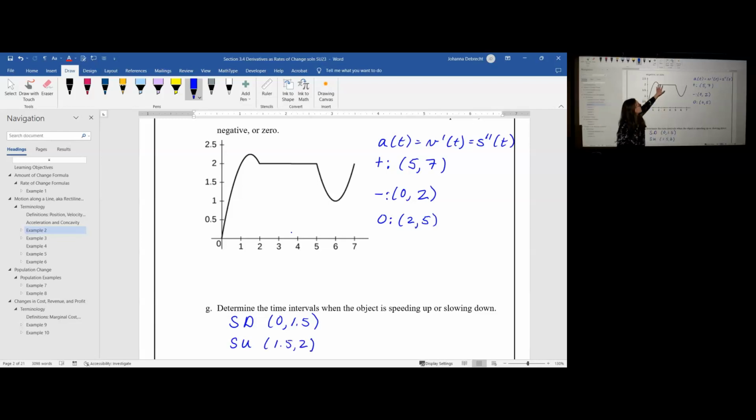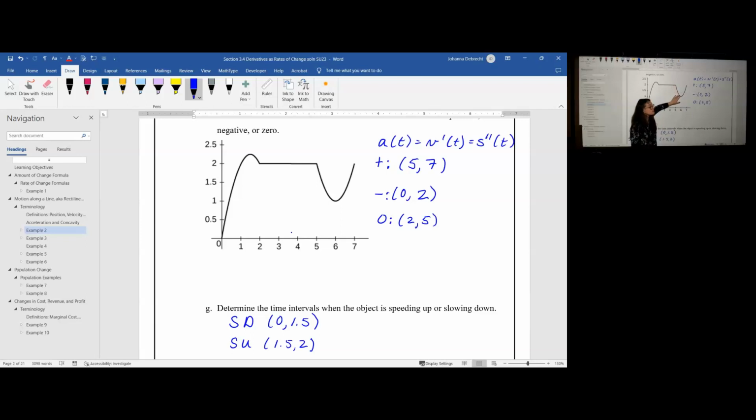On the section where it's not moving, it's neither speeding up nor slowing down. It's not moving. What about on this section here between 5 and 6? It is moving because the slope of the tangent line is not 0, but it is on the left side of a minimum.